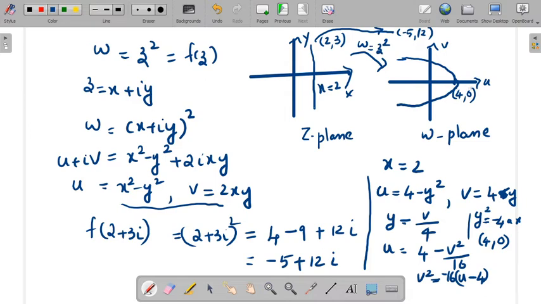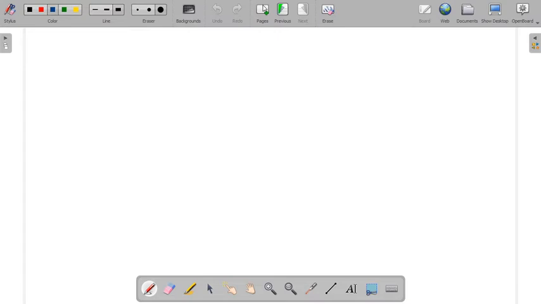And if you take any region in the z plane, you can find the image of that region in the W plane. For example, consider the same map W equal to z square.